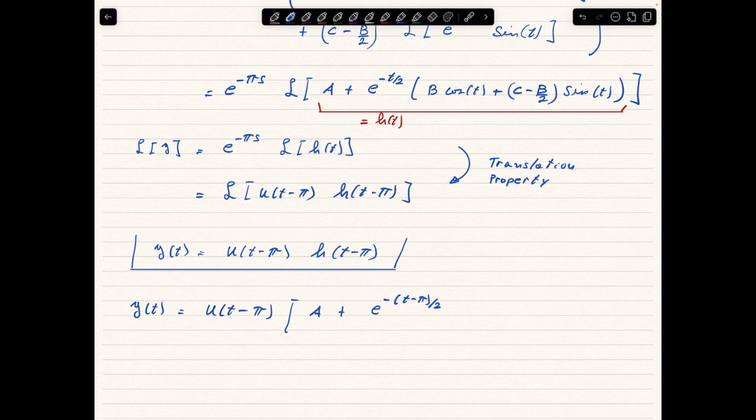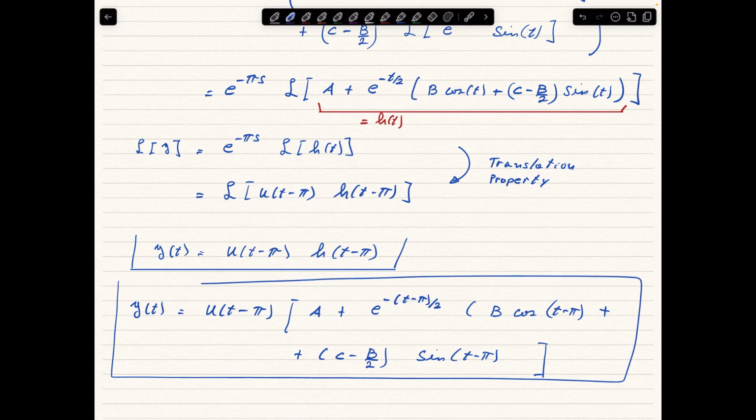And then here we have b that multiplies the cosine, and now we need to shift it, t minus pi, plus this other constant, which is c minus b over 2, and then sine shifted t minus pi. And we close that bracket there, and this here is our solution.